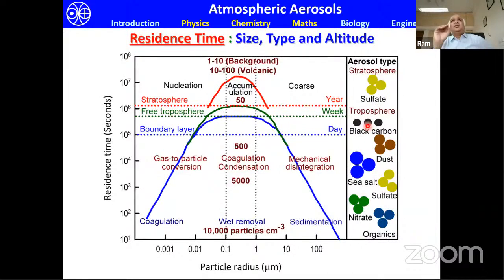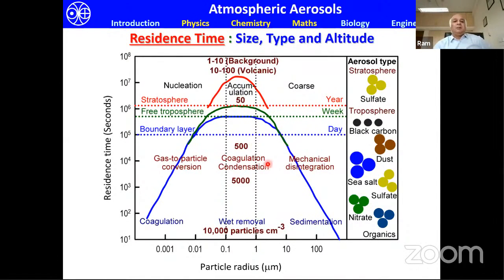The aerosols that are produced by different processes and of different sizes, their residence time in the atmosphere also varies as a function of size, shape, and altitude. Typically, you will have something like 10,000 particles per centimeter cube at the surface, and then as you go up in the atmosphere, it will start decreasing.